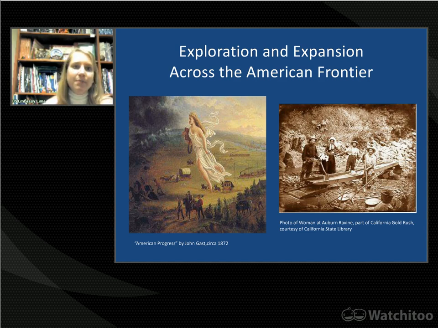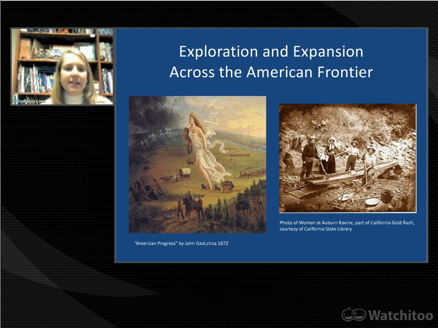Now, not everybody held this belief, but it was generally an ethos that the country used to rationalize this expansion. Also, the word destiny is very important because it implies that there's some higher power, or that God wanted the American people to expand across the continent from sea to shining sea.